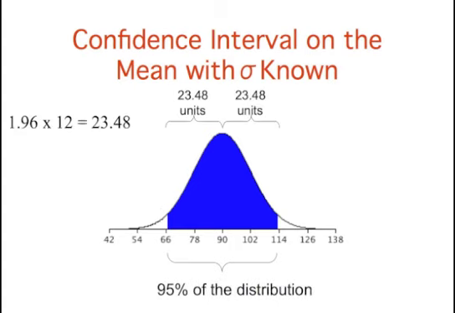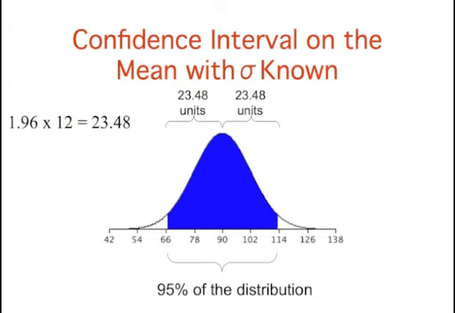This figure shows that 95% of the means are no more than 23.48 units, or 1.96 standard errors, from the mean of 90. Now consider the probability that a sample mean computed in a random sample is within 23.48 units of the population mean of 90.